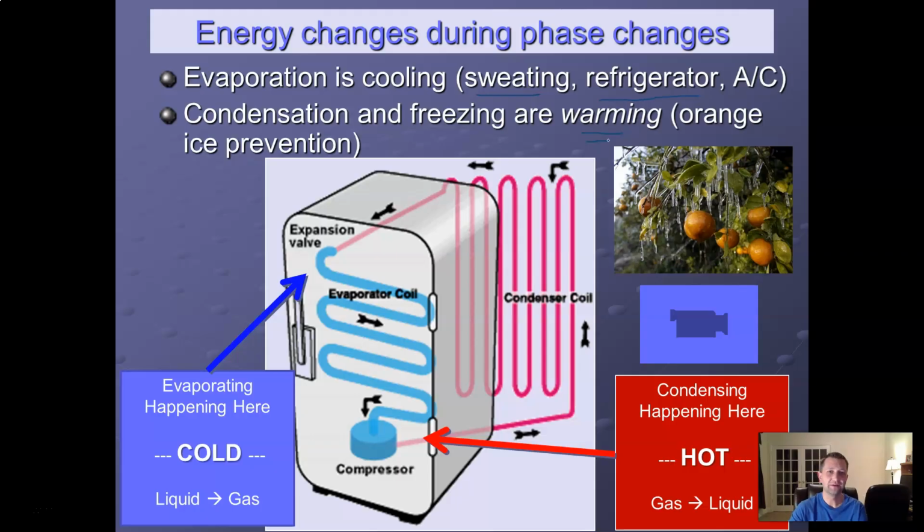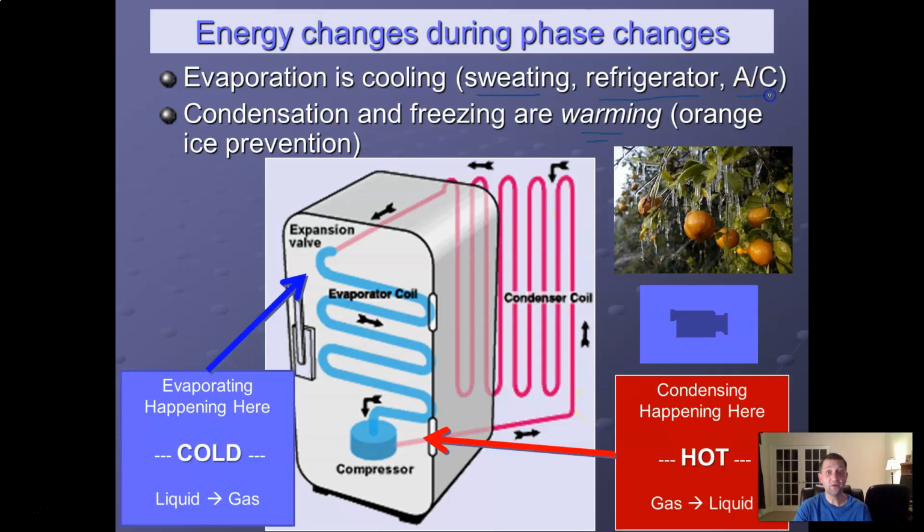So to go from a gas back into a liquid, energy has to be released, okay? So that is going to be a warming process. That's why it's important on the back of your refrigerator to keep the 6 inches of dust from forming on those coils, because they can get hot. It could be a hazard, right? And it could decrease the efficiency of your refrigerator as well.